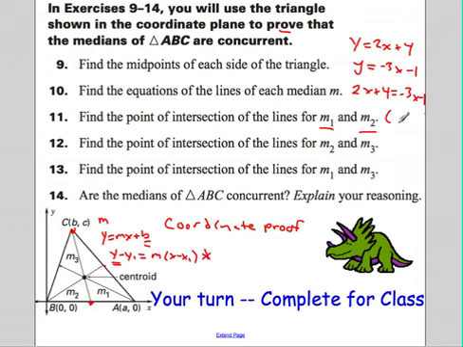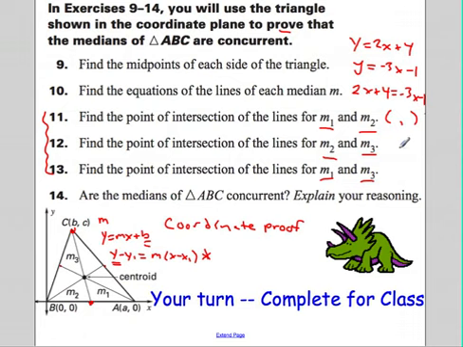You'll get some point as your intersection. Remember, the crazy part is these points are probably going to be a's and b's, and there might be some fractions involved. Next, you'll do the same thing for M2 and M3, and then M1 and M3. Ideally, all three of these are going to be the same.